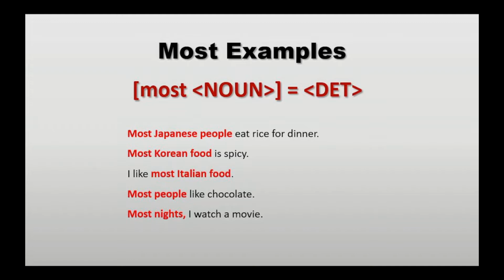Okay, for the remaining three sentences, let's just do a little bit high speed. Try to catch the pause, try to get the intonation. Please repeat. I like most Italian food. Next one.